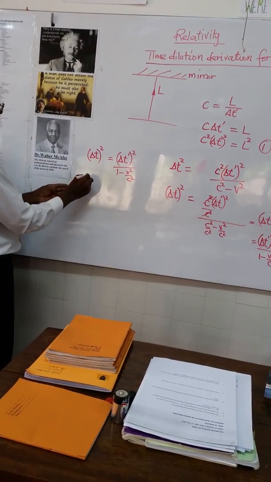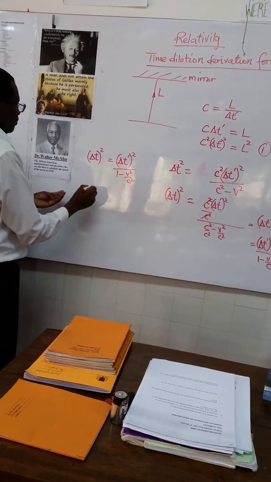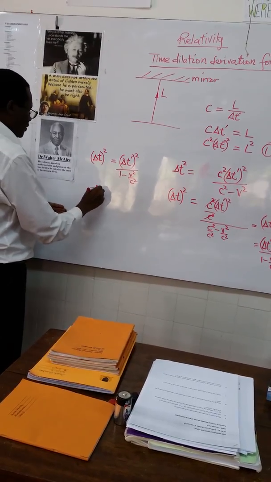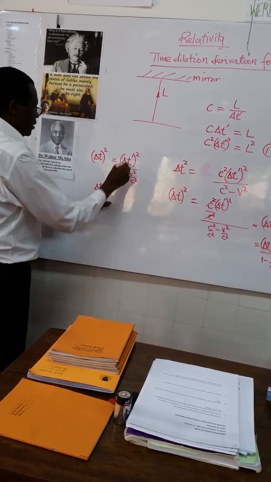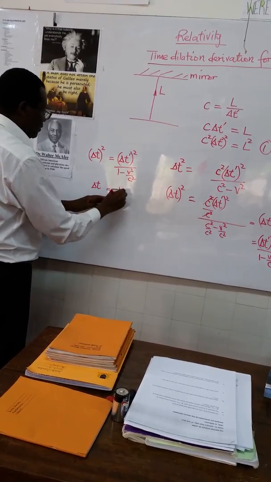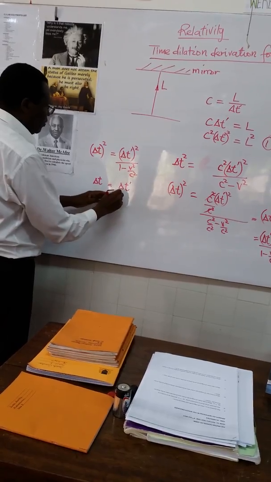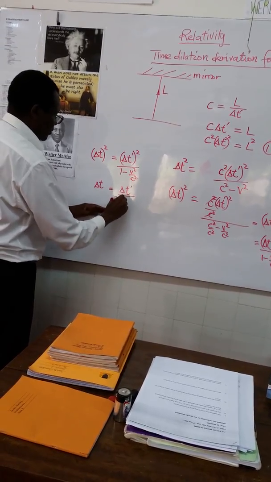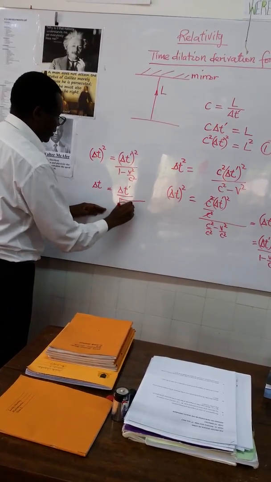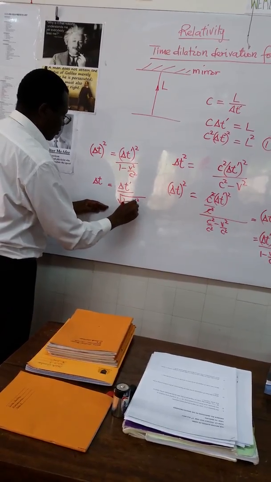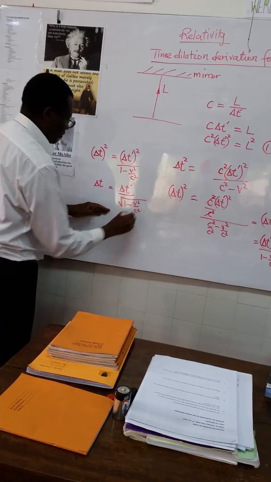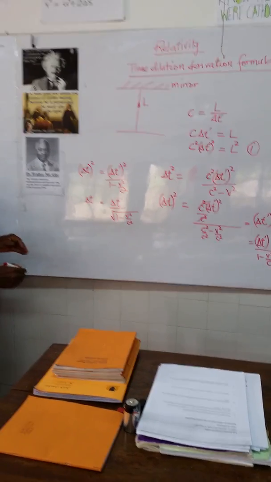which we can now say take square root on both sides, and this becomes change in t is equal to change in t prime over the square root of 1 minus v squared over c squared. We have just taken square root on both sides.